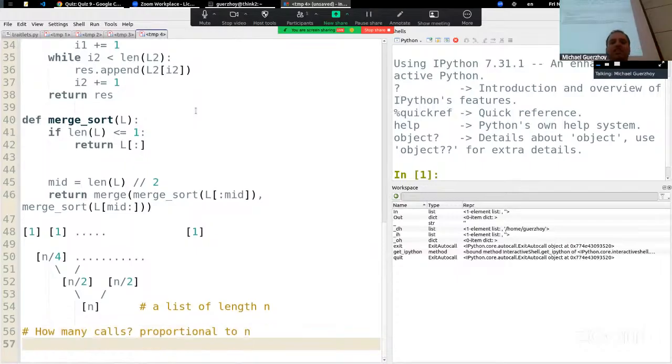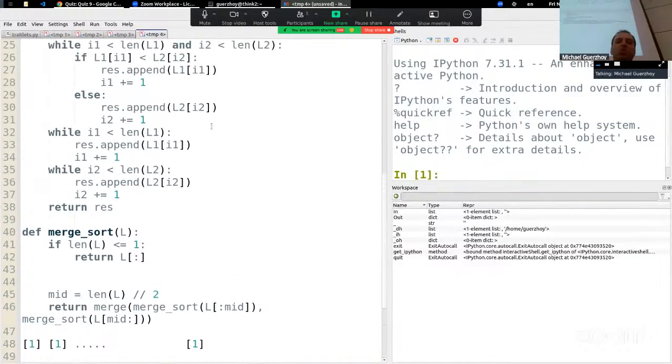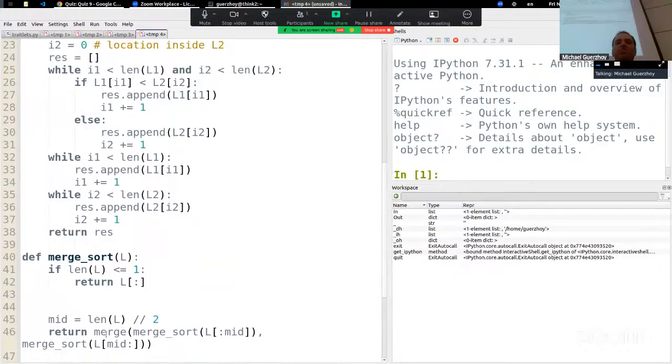The reason is that different calls take different amounts of time. Why is that? Well, because I'm calling the merge here, and the merge actually takes longer if the inputs are longer.